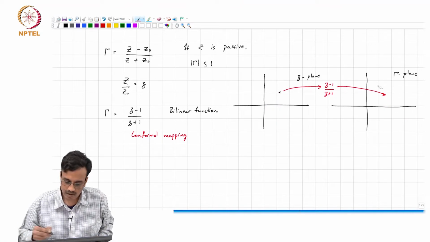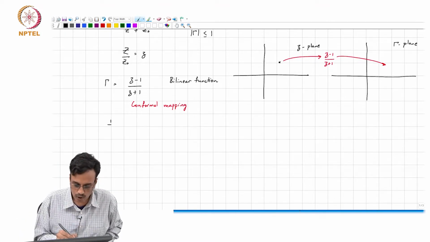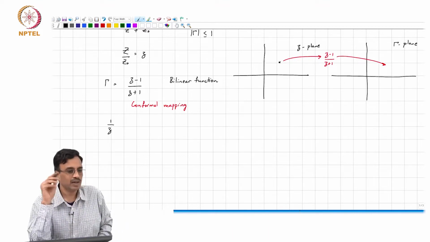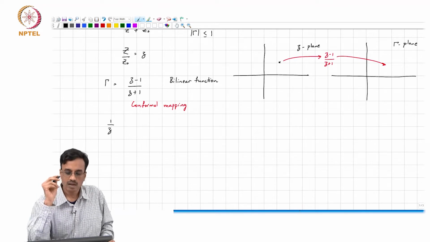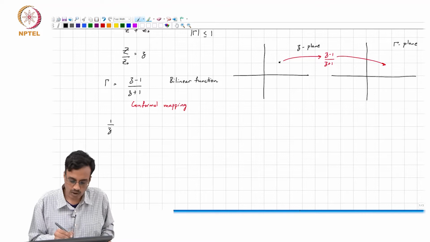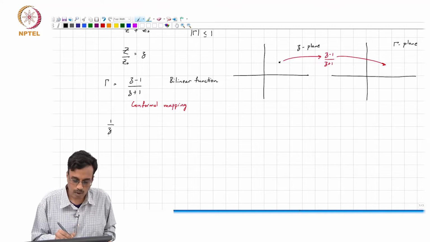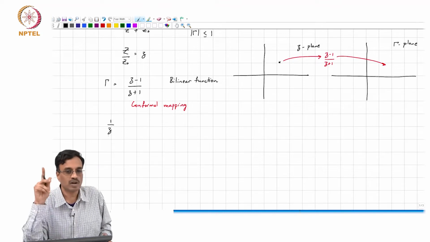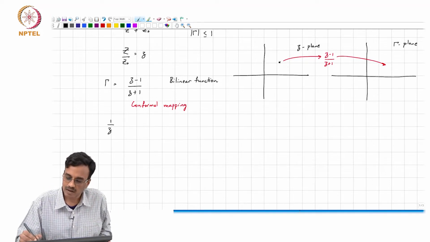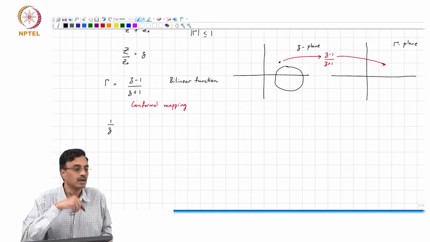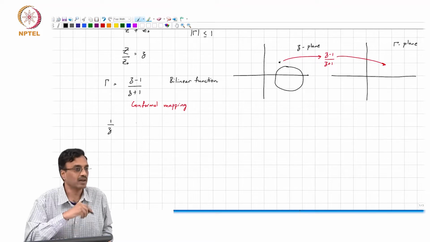But a couple of things that I'd like to first point out. The mapping 1 over z, right? This is the only thing you need to know. I mean, you can prove it easily, but I'm not going to spend time proving this here, right? If you take a complex variable z and you compute a new variable 1 over z, then if z traces a circle, then it turns out that 1 over z will also trace a circle.